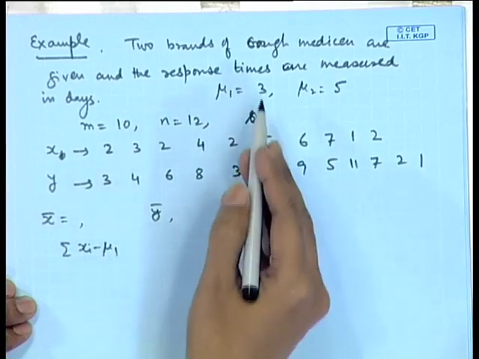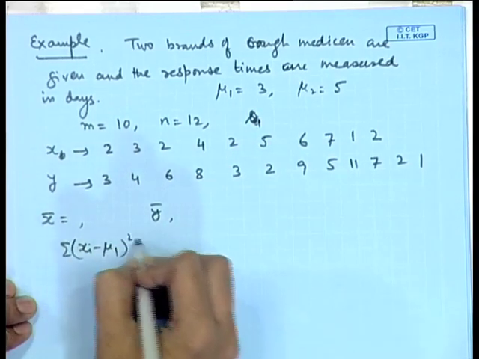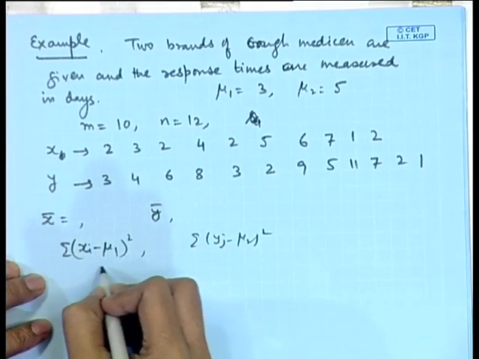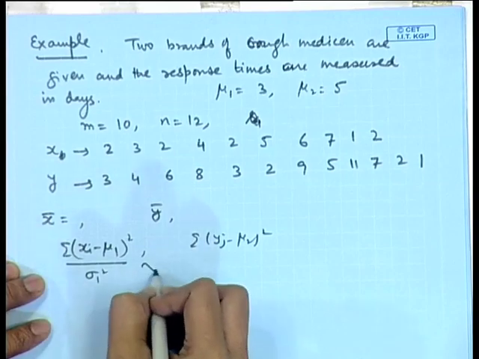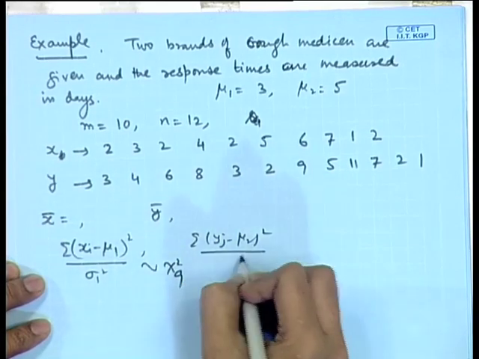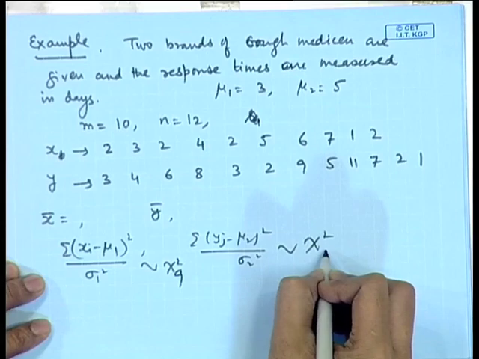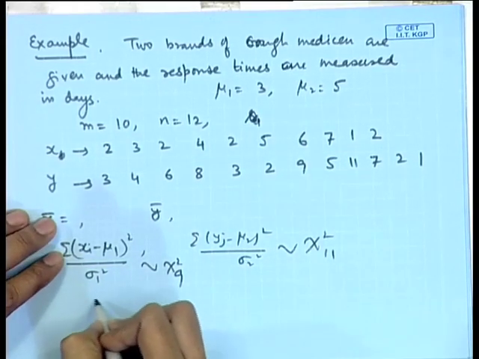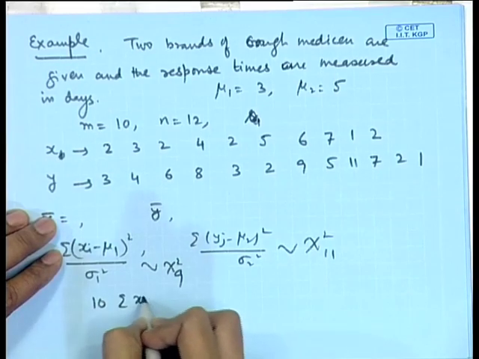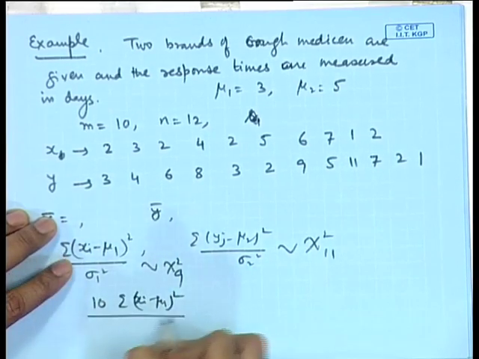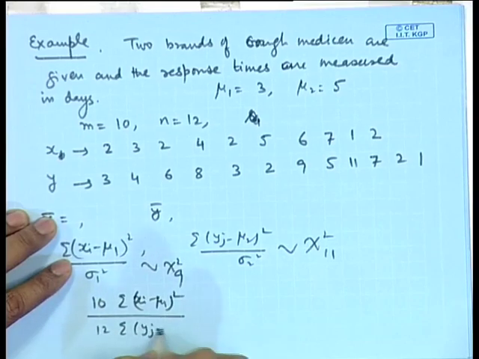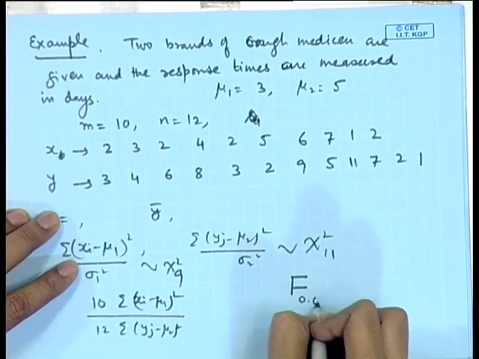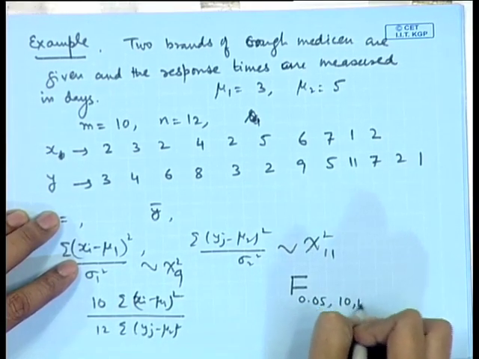So, if we are looking at sigma x i minus mu 1 square and sigma y j minus mu 2 square, then that will follow chi square on 9 and this divided by sigma 2 square will follow chi square on 11 degrees of freedom. So, we can construct 10 sigma x i minus mu 1 square by 12 sigma y j minus mu 2 square and then we need to look at the tables of f on say 0.05, 10 and 12 degrees of freedom.